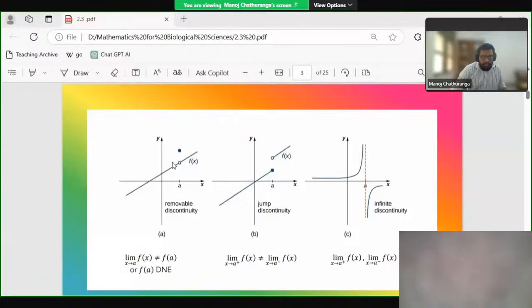Sometimes both of them can go to plus infinity. I think I have not given you an example for that.